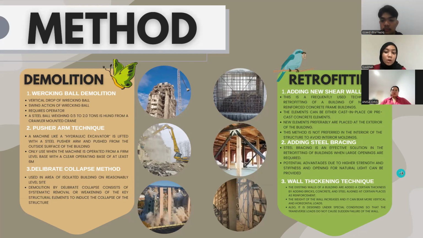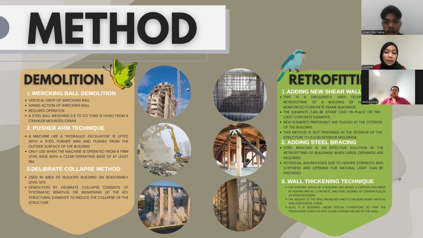This method is not preferred in the interior of the structure to avoid interior moldings. Second, adding steel bracing. Steel bracing is an effective solution in the retrofitting of buildings when large openings are required. Potential advantages are higher strength and stiffness, and openings for natural lighting can be provided.